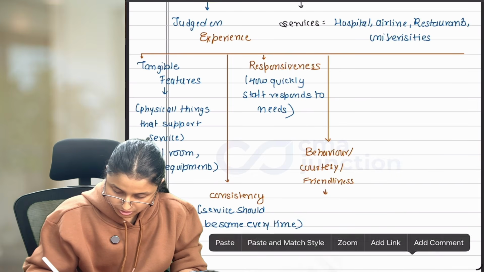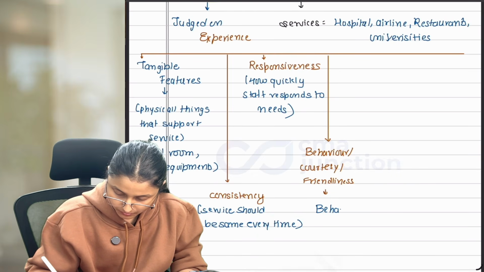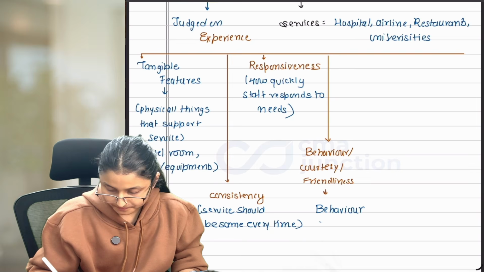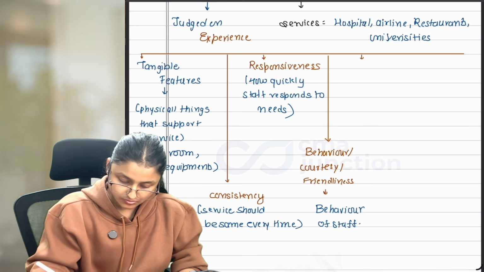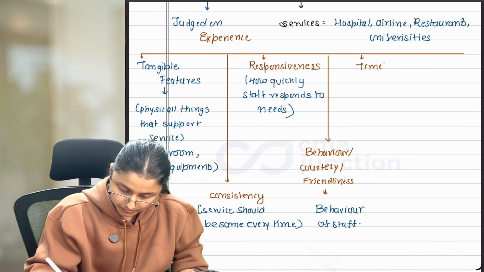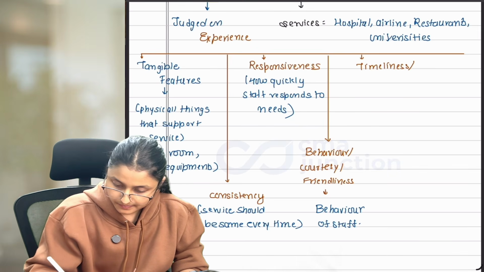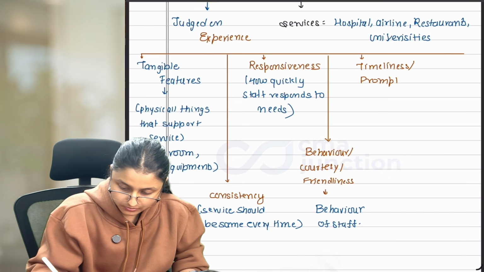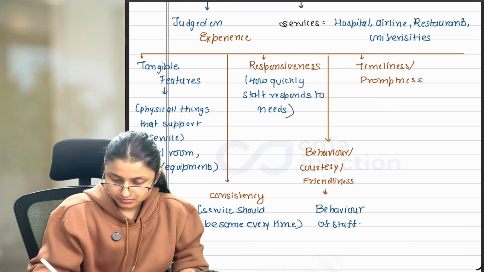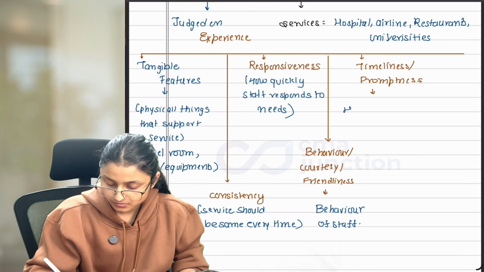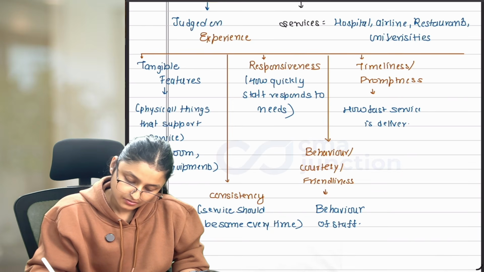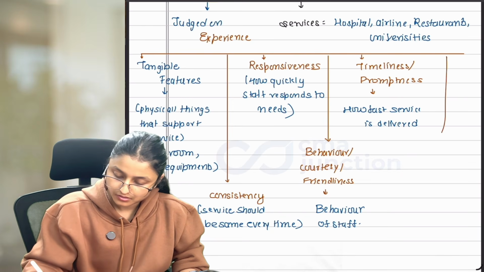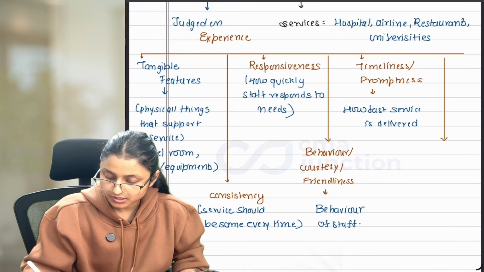Here we judge the experience on the basis of how the staff behaves. Next, timeliness or promptness. How fast you are getting your service. Next, atmosphere is the ambience or the environment.